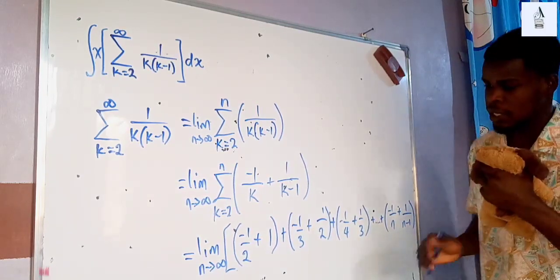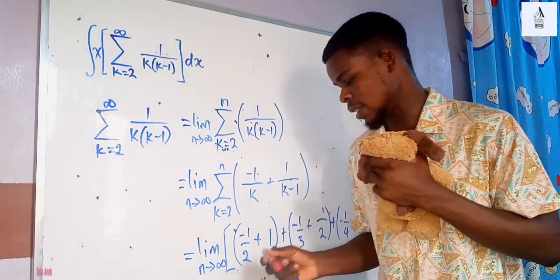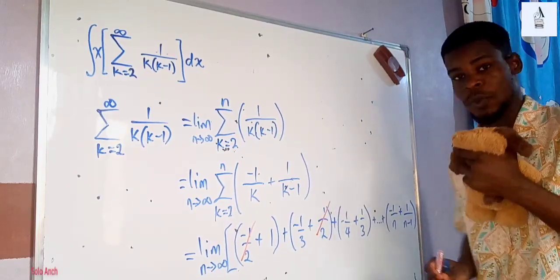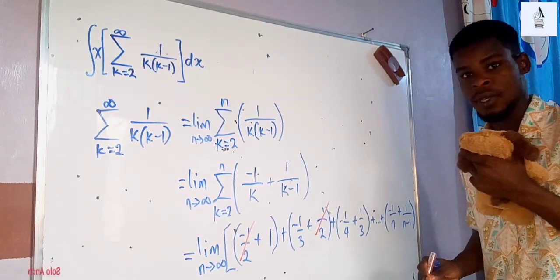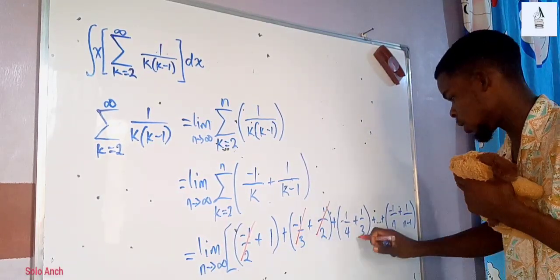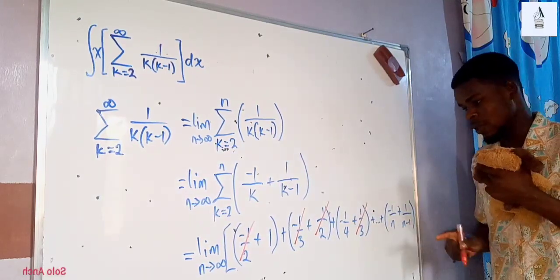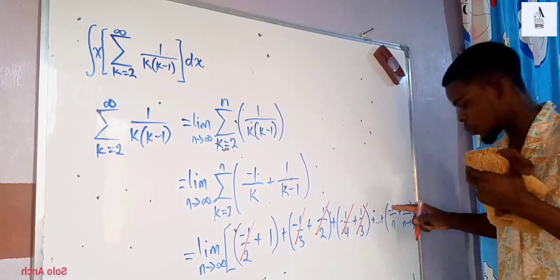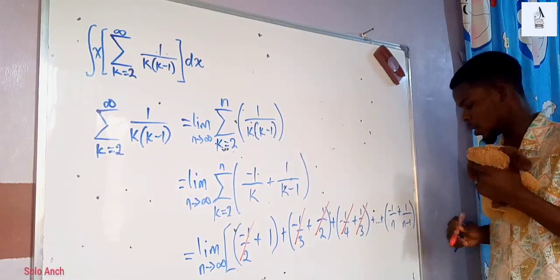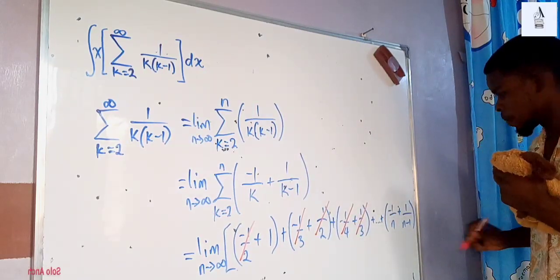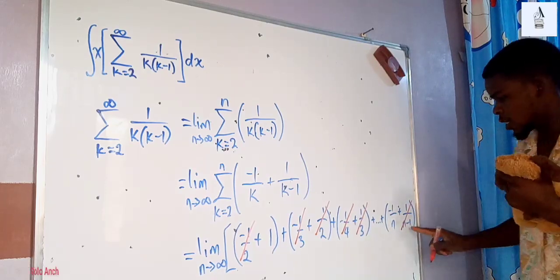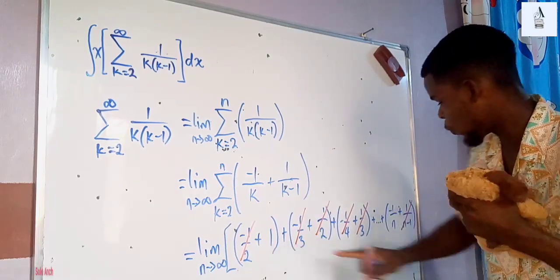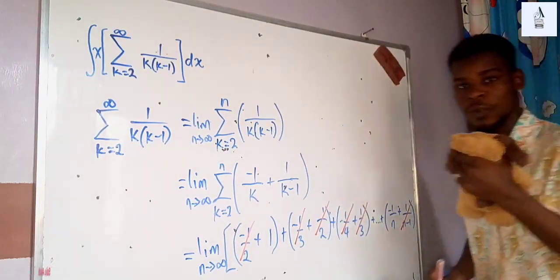So as you can see, these terms are cancelling. This negative 1/2 plus 1/2 will get to 0 because they're equal and opposite in sign. Negative 1/3 plus 1/3 will cancel, and this continues. Negative 1/4 will definitely cancel out with the positive 1/4 here, and including this one here, this term will cancel out with some term over there, leaving us with just positive 1 and negative 1 over n.